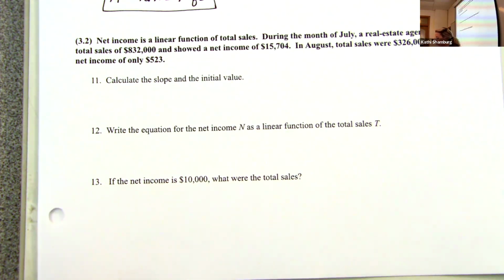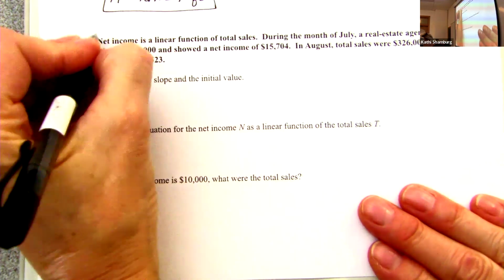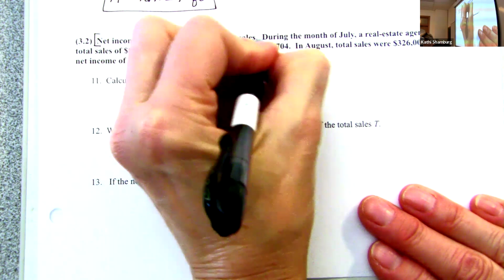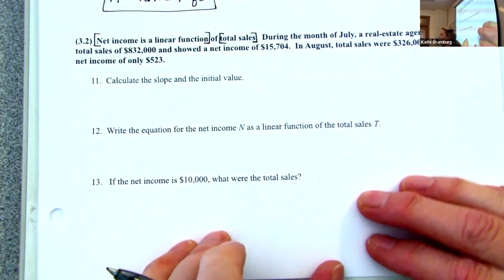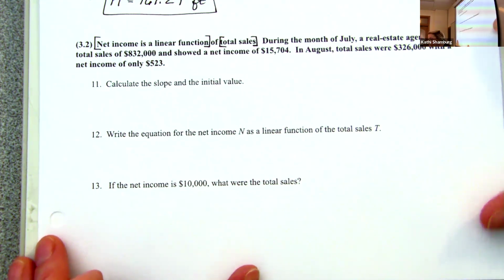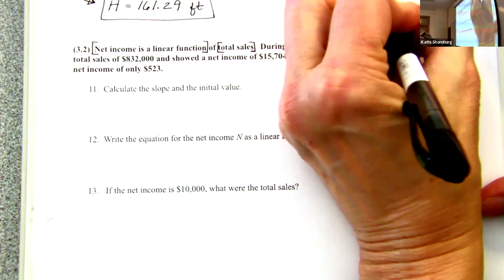Net income is a linear function of total sales. Well, right there, it's telling me what my function is and what my variable is. So I'm going to write that over here.